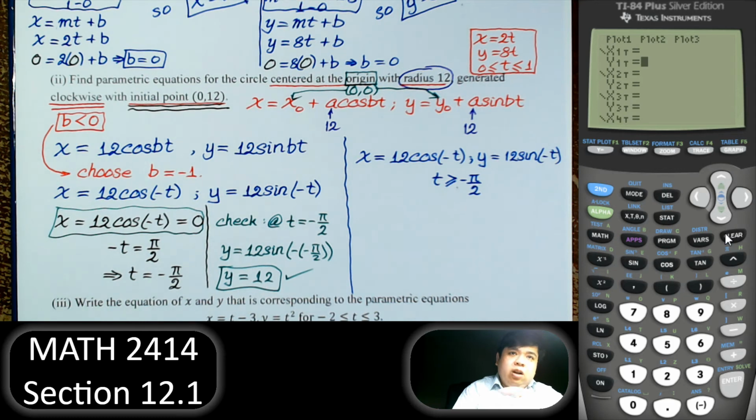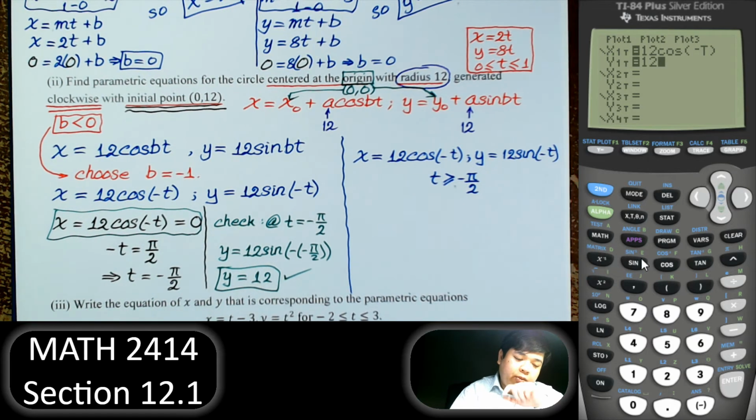By the way, we certainly can change this. X equal to 12 cosine of -t. Y is 12 sine of -t.